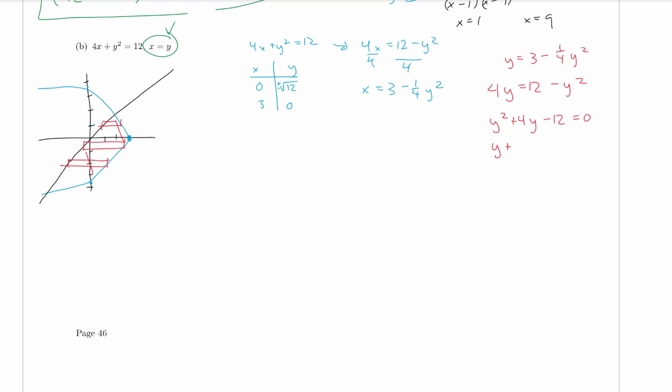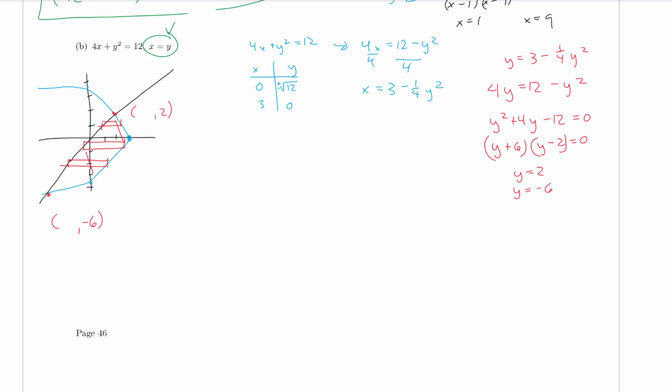Then I can see that this factors: y plus 6, y minus 2 is equal to 0. So y is equal to 2 and y is equal to negative 6. So I know my intersection points have y coordinates of negative 6 and positive 2.